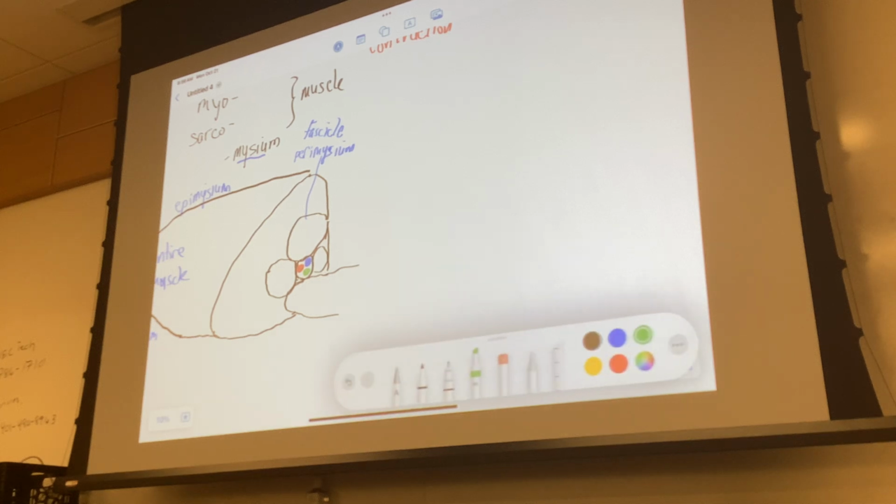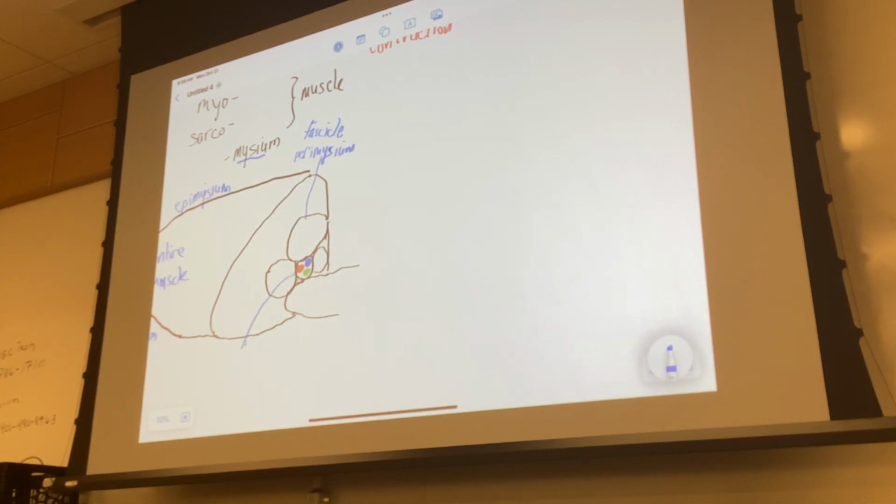And I'm going to try to label this with blue. So this muscle has lots of fascicles. There's a fascicle there, there's a fascicle there, and there are other fascicles.